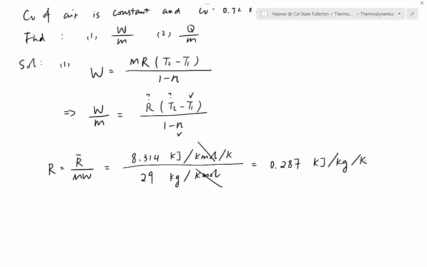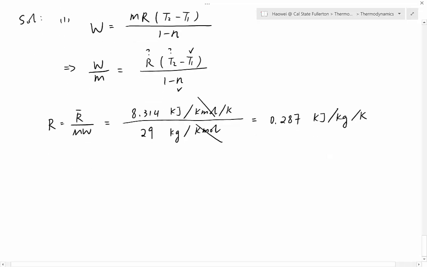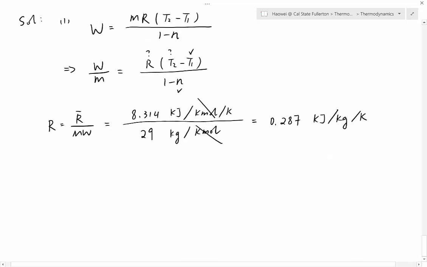Which equation do we have that involves T? Probably the ideal gas equation. So now we start from the ideal gas equation, PV equal to mRT. We're going to apply this equation twice. The first time we apply it to the initial state, so P1 V1 equal to mRT1. There's no need to add a subscript to mass or gas constant because they do not change.